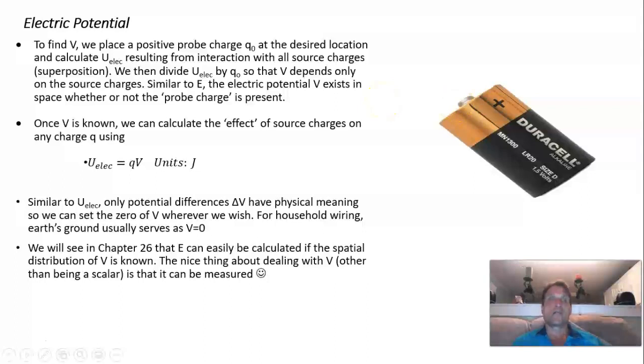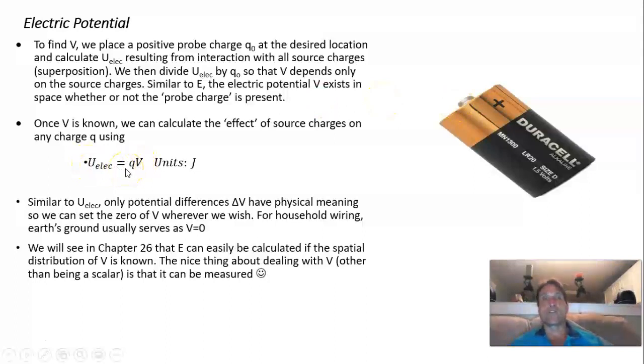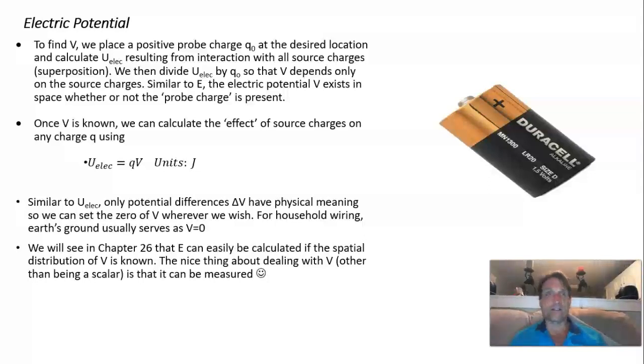Once you get V, you just multiply by Q to get the electric potential energy. And we're going to come up with a real simple relationship between V and the electric field. So usually in practice, we're dealing with voltages, and we can get electric fields through simple equations relating the two.